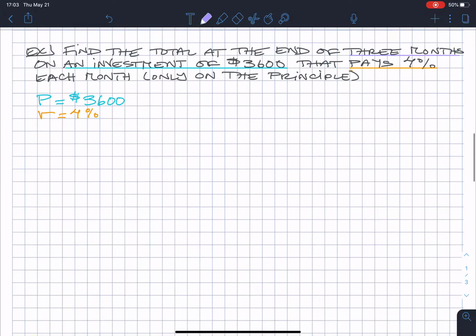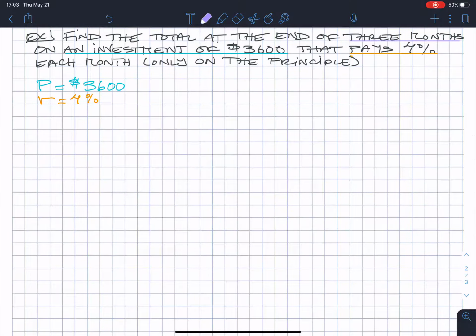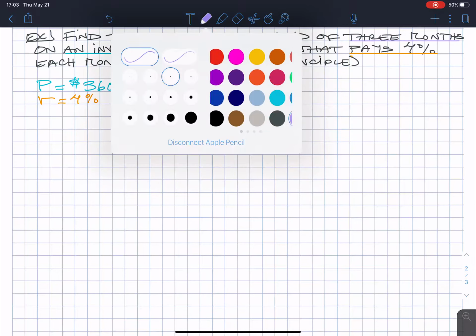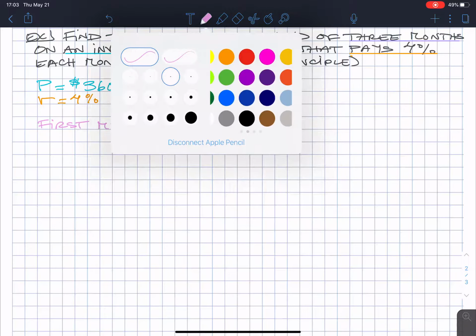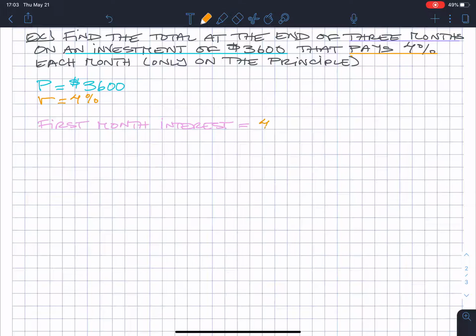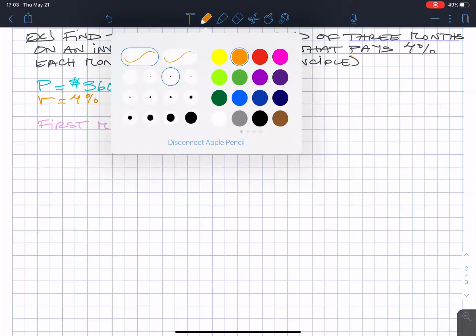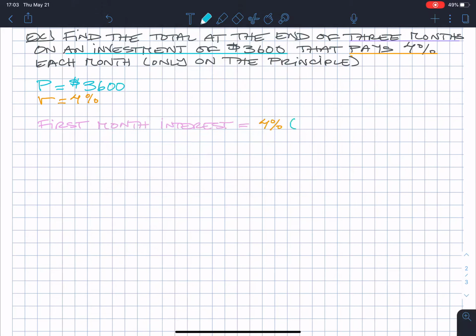Okay, so let's do, how do I want to say this? So first month interest. Of course, it's going to be the principal times the rate, so 4% of the principal, $3,600.